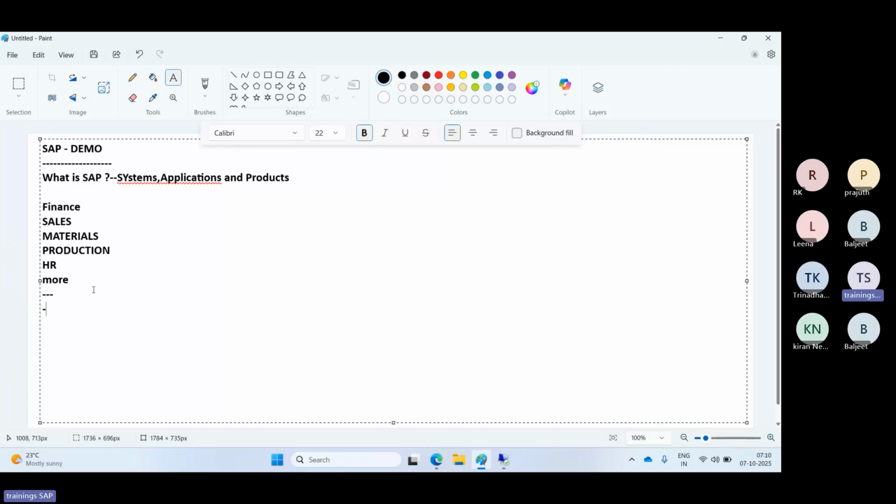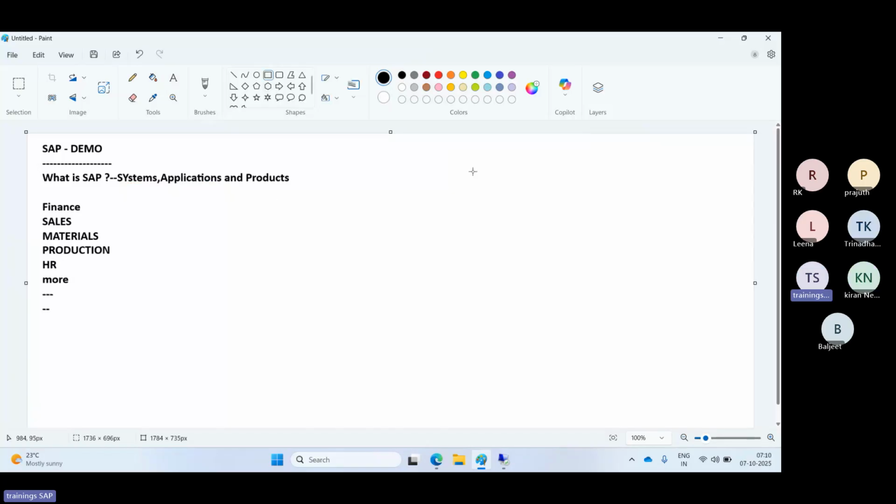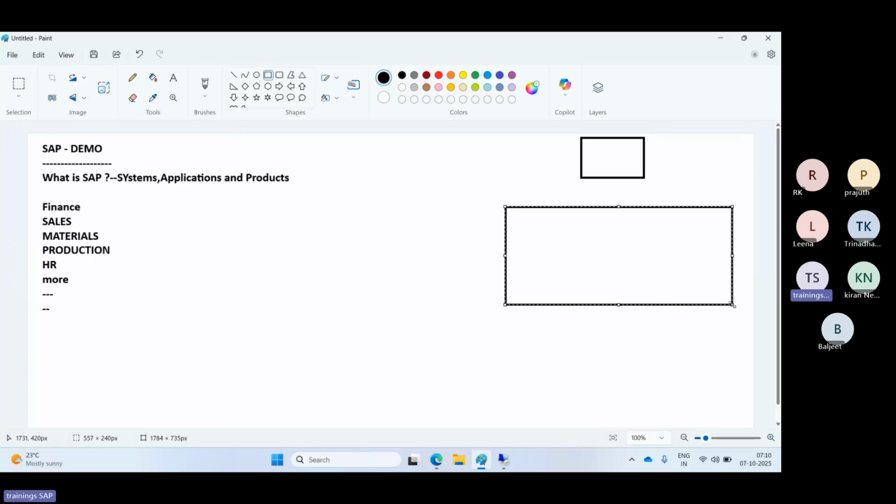From an architecture point of view, SAP is a three-tier architecture: presentation layer, SAP application layer, and DB layer. Every SAP product application requires a database.